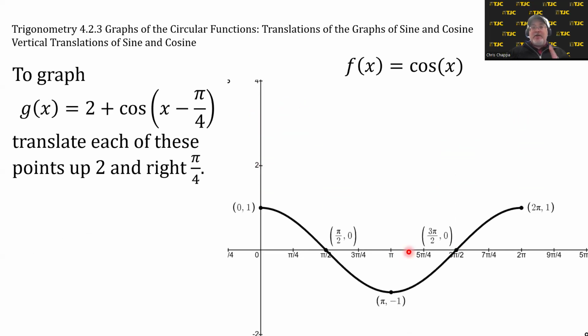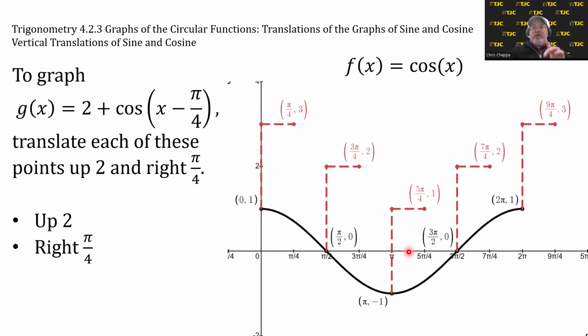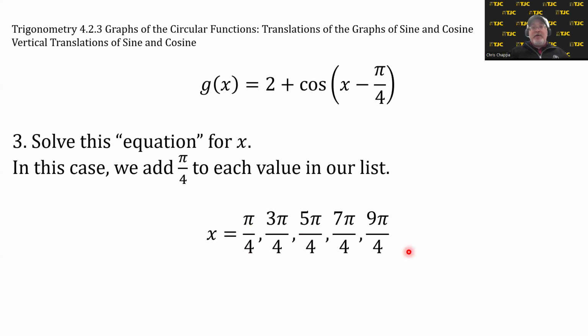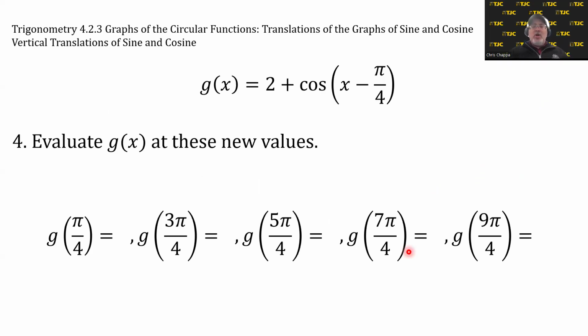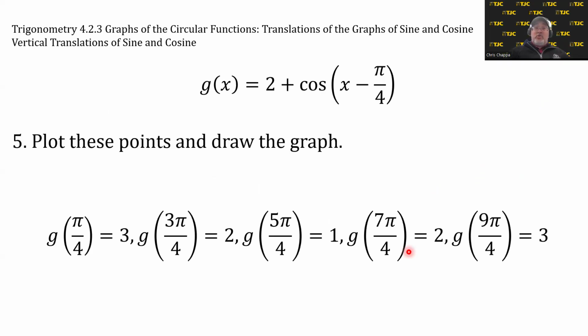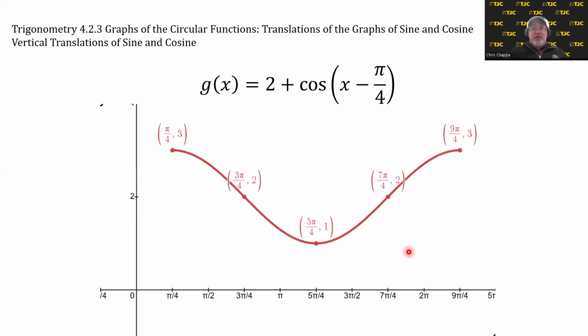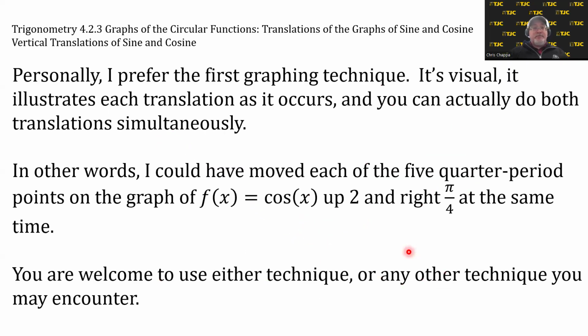So if you feel like you can go from here to here in one move, then I strongly recommend the graphing approach and not this list the new quarter periods approach. There are some books that really harp on this approach, which is why I included it, not my preference.